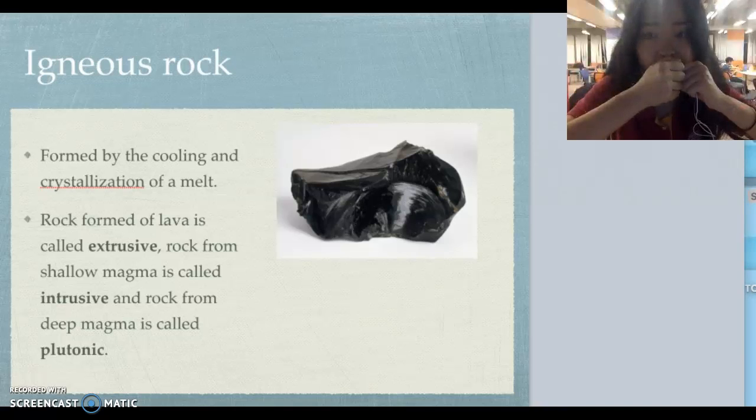And there are several kinds of rocks. The first, the extrusive, is rock formed by lava, and the intrusive rock is formed by shallow magma, and the plutonic rock is formed by deep magma.